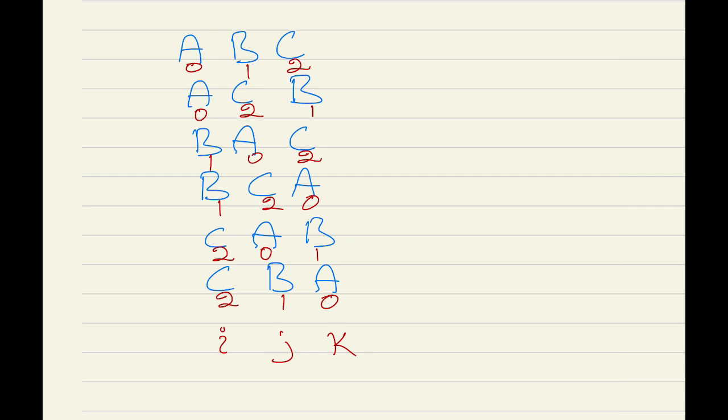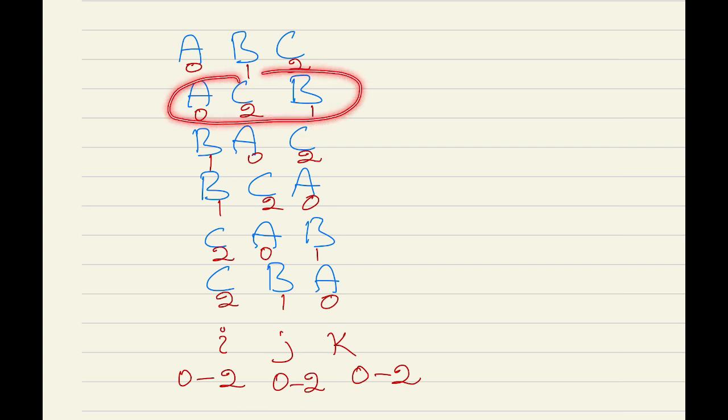So we have three variables i, j and k, and the value of i is from 0 to 2, and the value of j is from 0 to 2, and the value of k is also from 0 to 2. Now you can observe here, for any permutation the values of i, j, k are distinct.